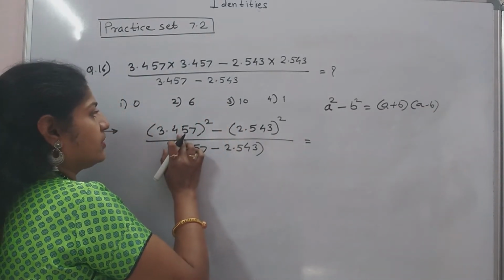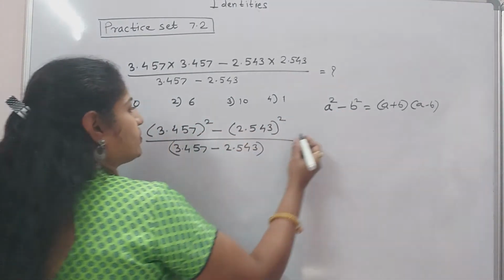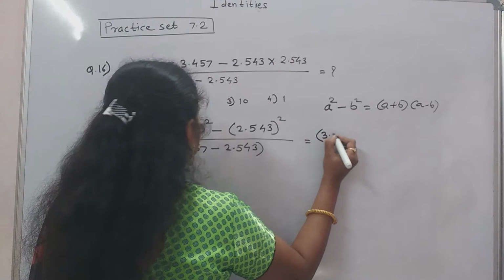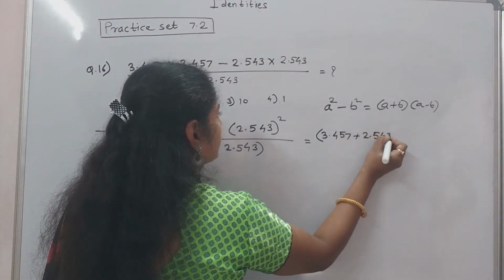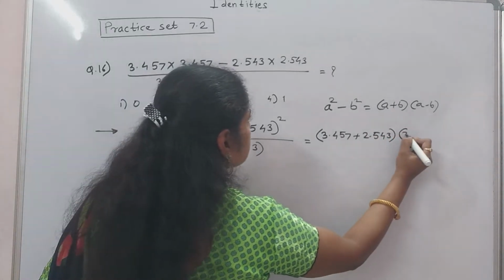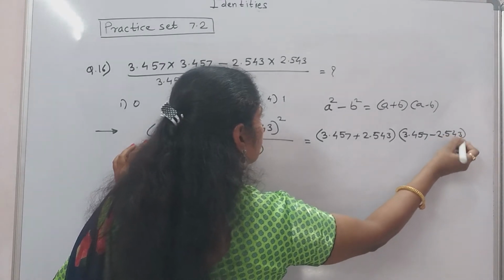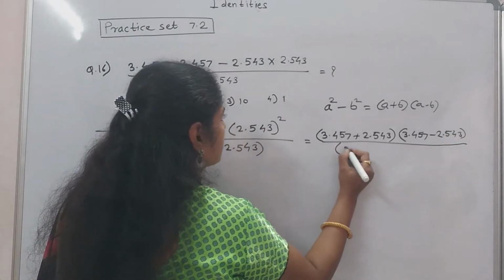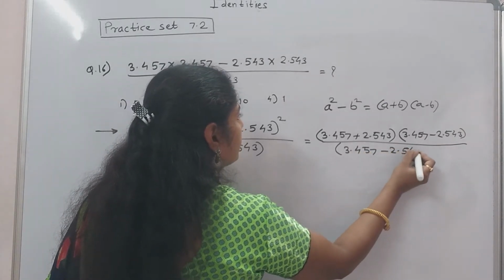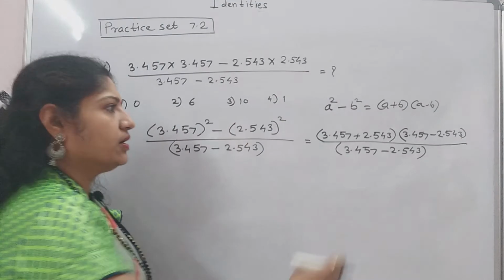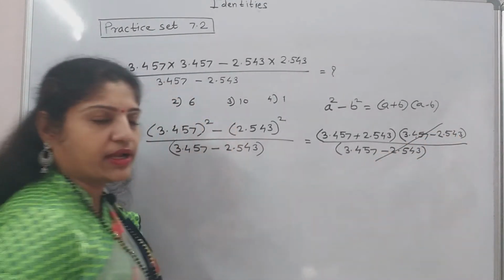In the first bracket there is the addition of these two numbers, and in the second bracket there is the subtraction of these two numbers. In the denominator there is the subtraction of these two numbers. The two brackets are equal in numerator and denominator, so cut those brackets.